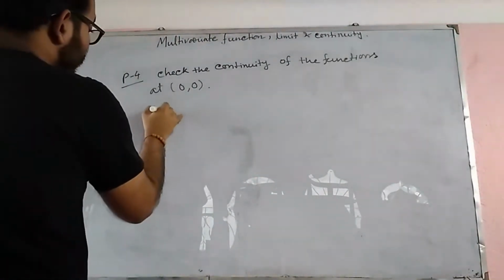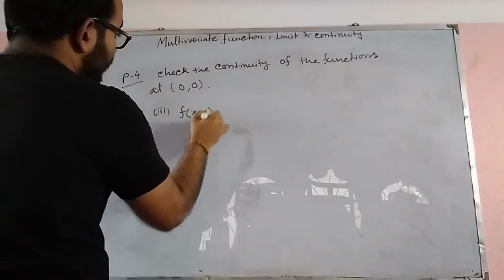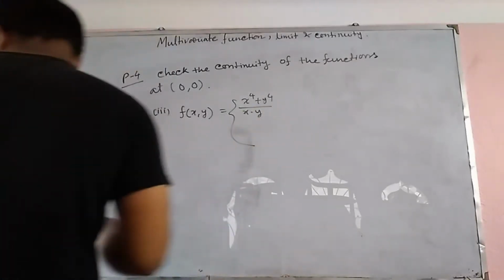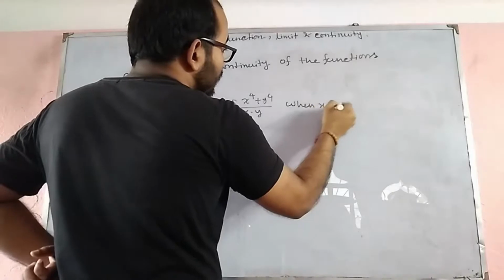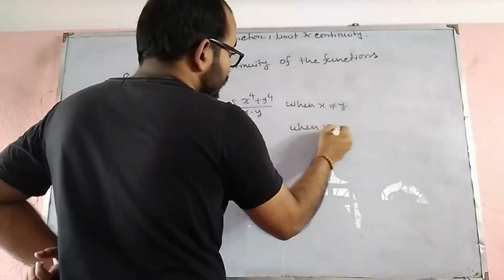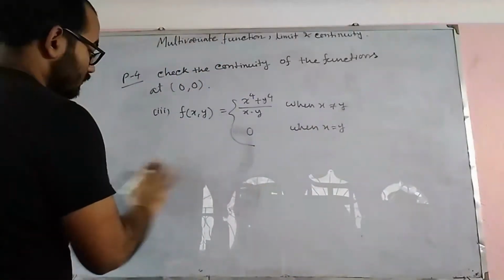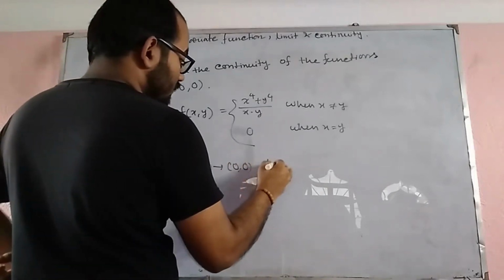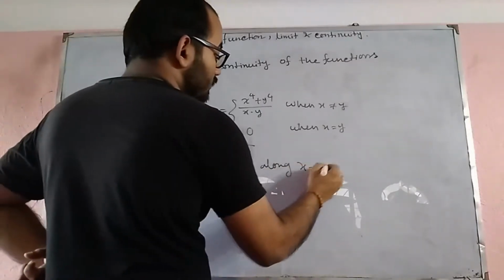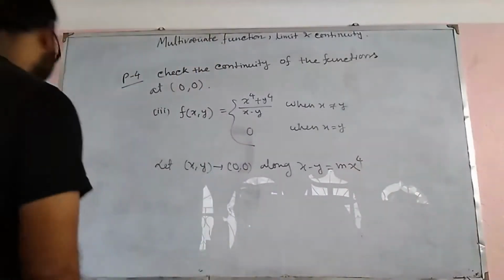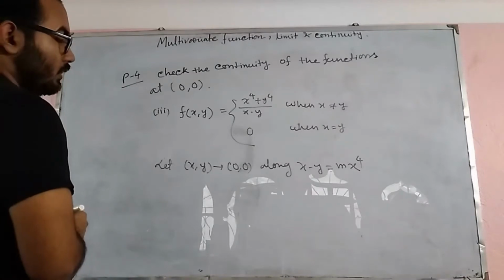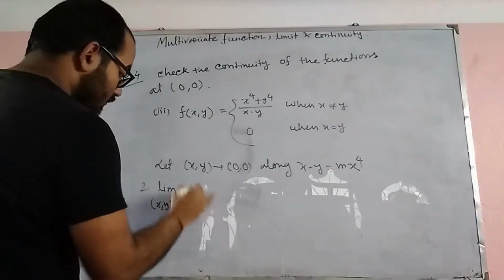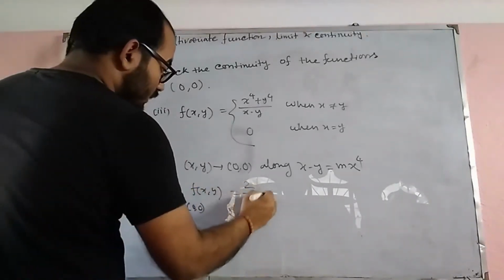Now for number 3, let x minus y equal to m x to the power 4, okay, x to the power 4, and the limit of f of xy is 2 by m.